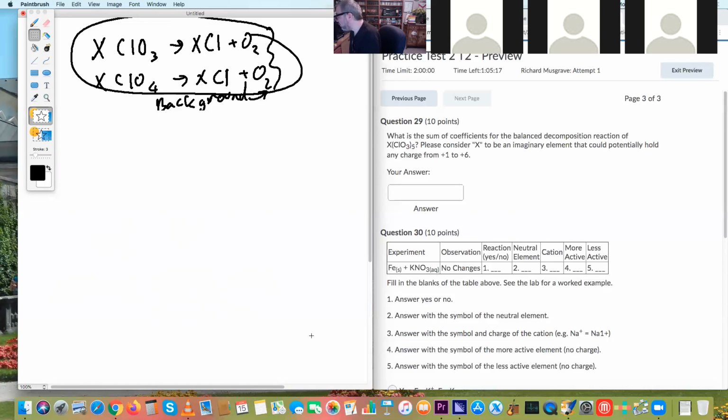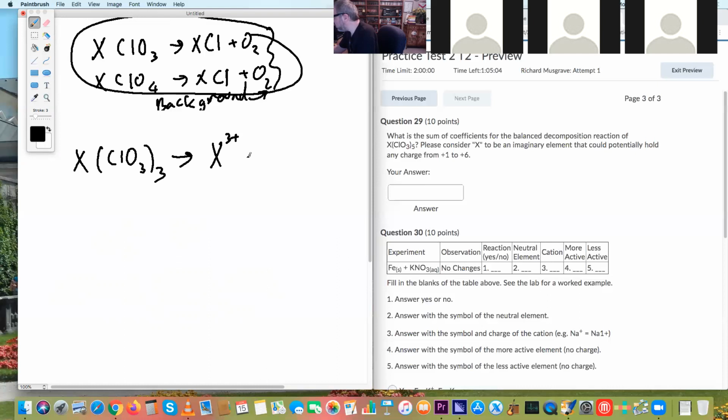I honestly don't know. Okay, I'll do one more example here. So let's say we got XClO3. It would give X3 plus, Cl minus, plus O2.